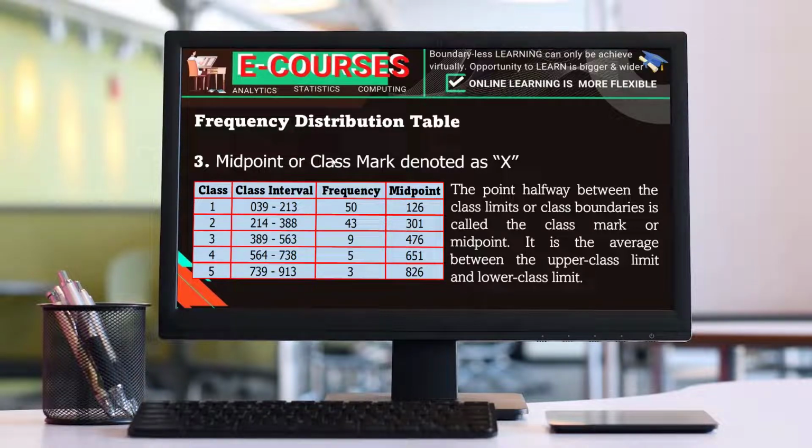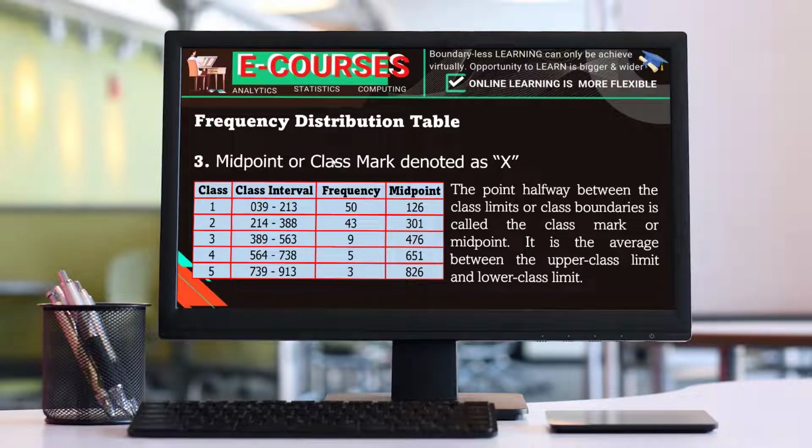So 39 plus 213 divided by 2 is 126. 214 plus 388 divided by 2 is 301. 389 plus 563 divided by 2 is 476. 564 plus 738 divided by 2 is 651. 739 plus 913 divided by 2 is 826.